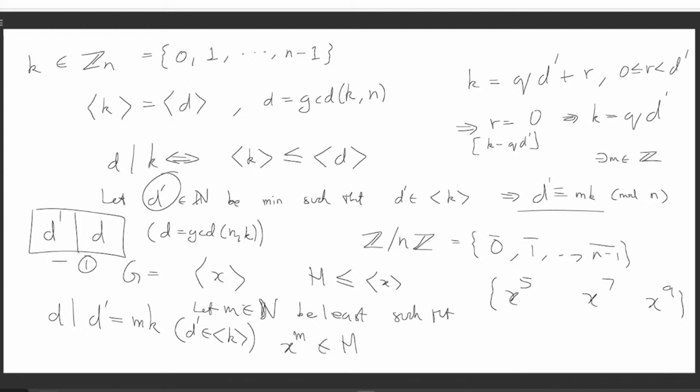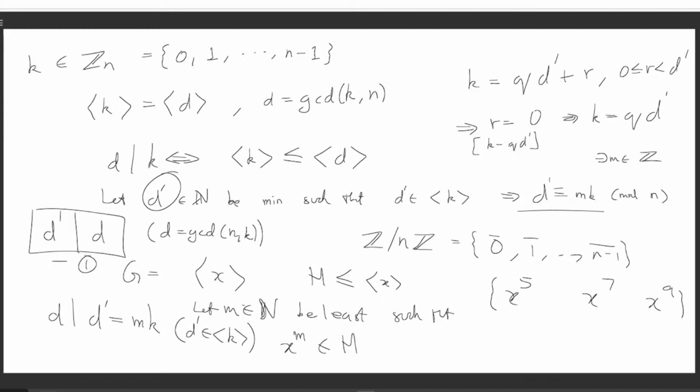D is in that subgroup generated by K. So D prime is equal to MK. Okay. So D divides D prime. Well, that is also okay, but we have not yet proved that the subgroup is that.